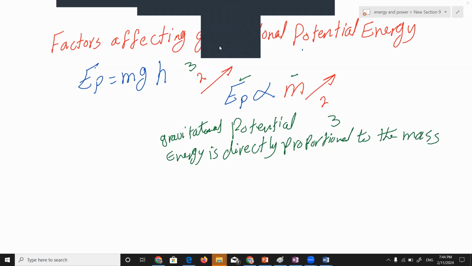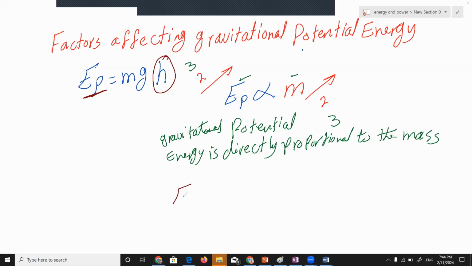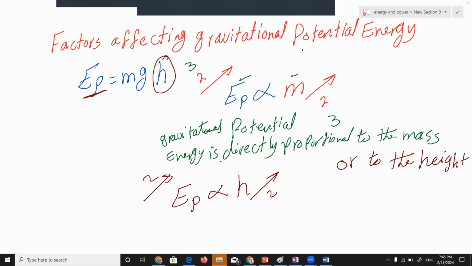Also, we have a relation between gravitational potential energy and the height. Gravitational potential energy and height are also directly proportional, which means if the height is doubled, gravitational potential energy will be doubled as well. So gravitational potential energy is directly proportional to the mass and to the height, which means the greater the height or the greater the mass, the greater the gravitational potential energy.